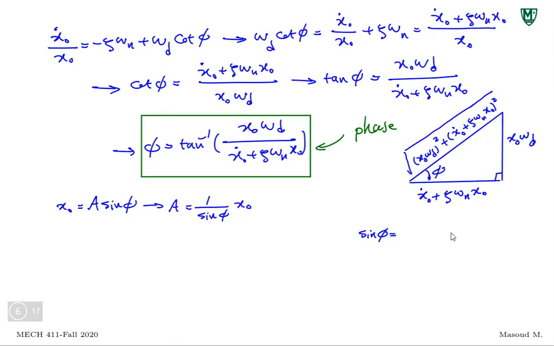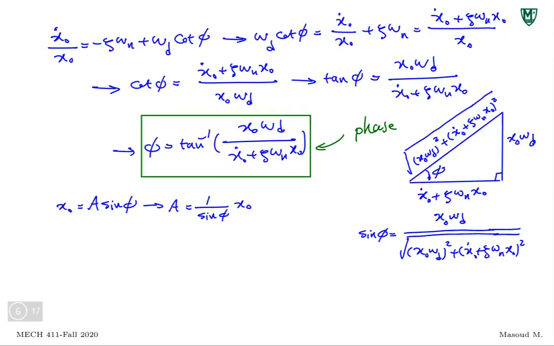So what is sine phi now? Would it be X naught omega d over the hypotenuse? Yes, exactly, Chris. Thank you. So it's going to be X naught omega d divided by the hypotenuse, the square root of X naught omega d squared plus X naught dot plus zeta omega n X naught squared.